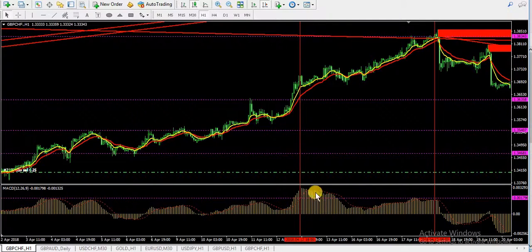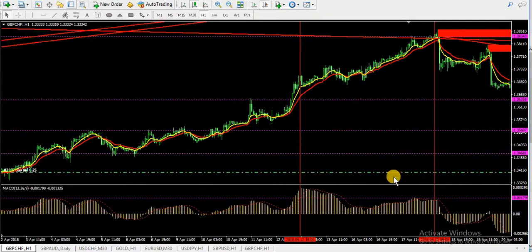But when you look at the MACD, the volume here, it shows that there are more buyers than here. This is what you call divergence. So it's basically telling you that the volume of buyers in this region here, they're not as much as buyers here.